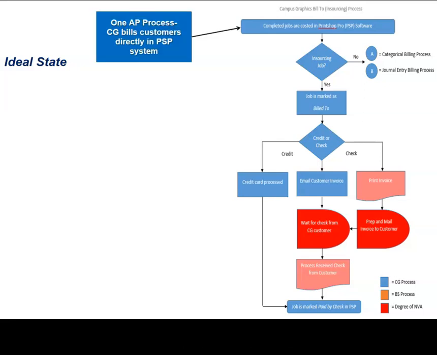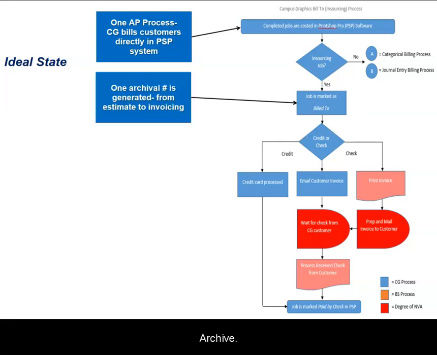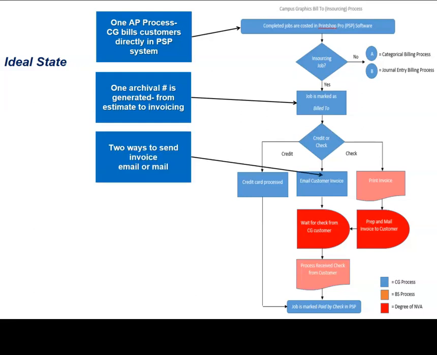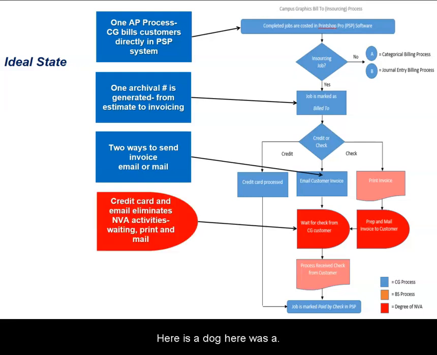So the ideal is there's only one system. It's archived on one particular process. I can send the invoice two ways myself. Here is a delay and a non-value added that was inside the system, even in the ideal state, because we couldn't take credit cards at the time.